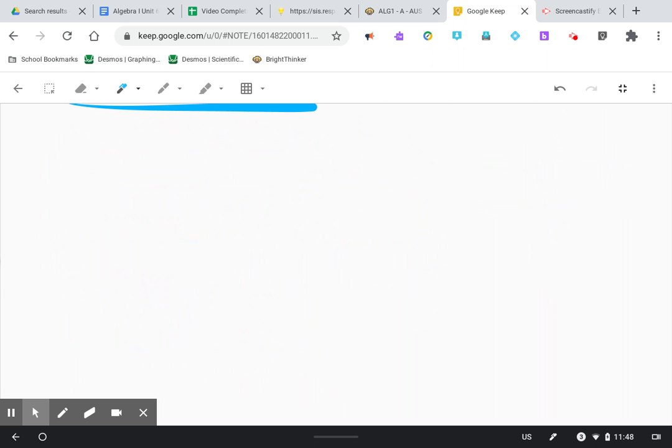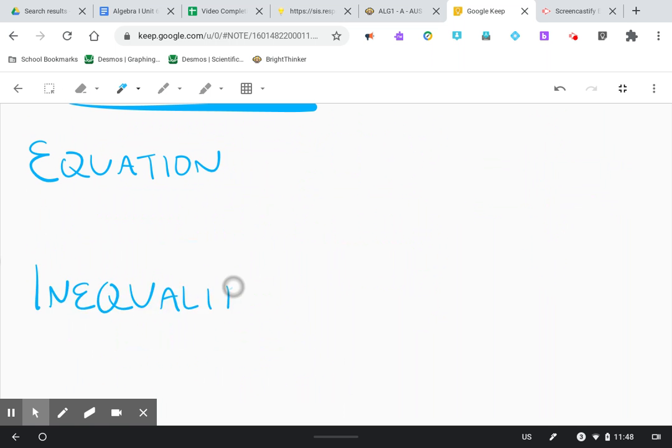And then this lesson is also going to introduce the difference between equations and inequalities. So an equation is literally just a statement declaring that things are equal. So it could be like 2x equals 3y plus 4.